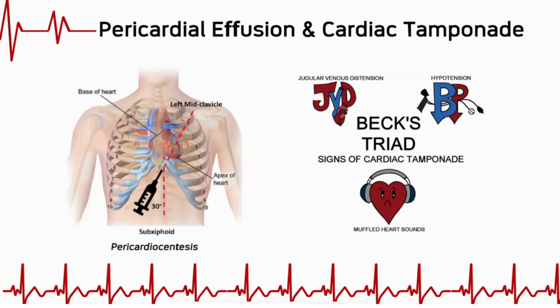So you can use an ultrasound probe to find the pericardial sac with the effusion inside, and you can then use your needle to guide your way into the pericardial sac in a stepwise manner.